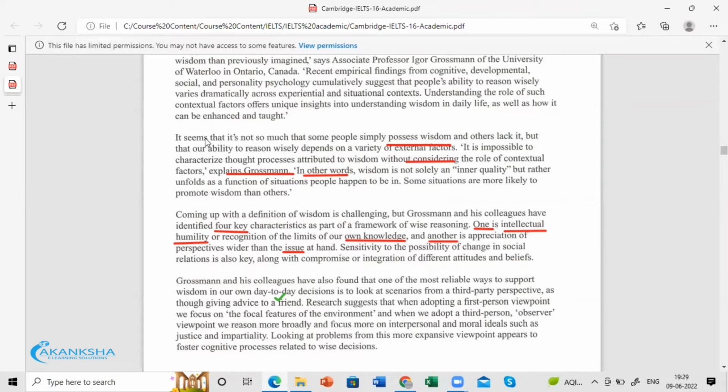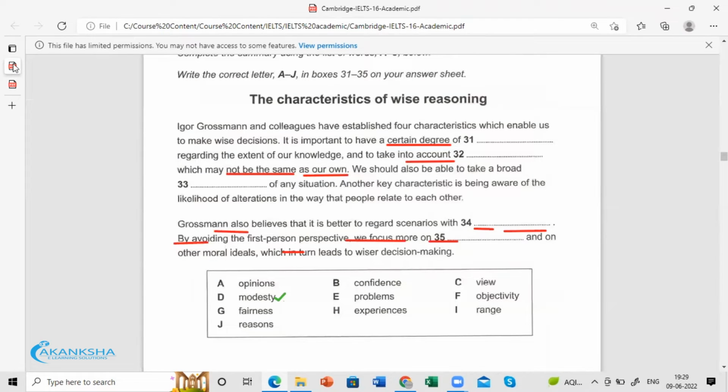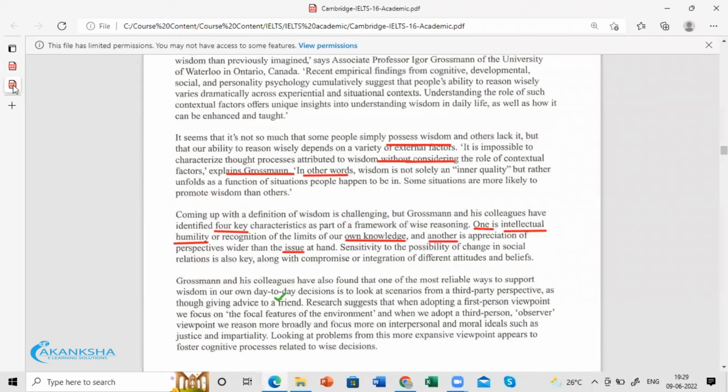Okay, intellectual humility of our own knowledge. Okay, and another is appreciation of perspectives. Appreciation of perspectives. Okay, appreciation. So take into account is something that is a synonym of appreciation of perspectives.